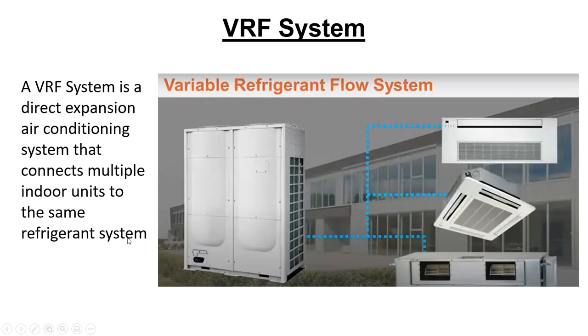Okay, so a VRF system is a direct expansion air conditioning system that connects multiple indoor units to the same refrigerant system. Okay, so direct expansion, that's what our DX system is. That means that the refrigerant is the only heat transfer fluid involved, okay?